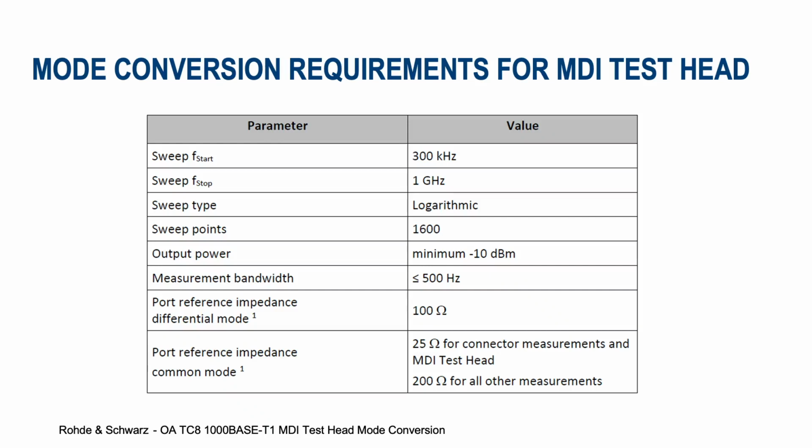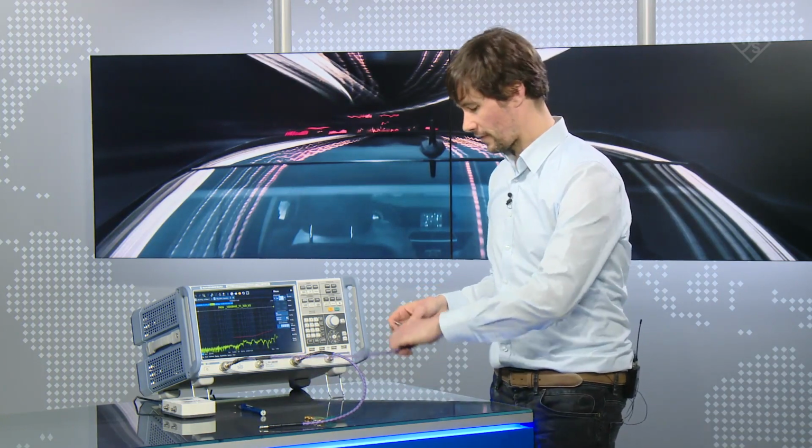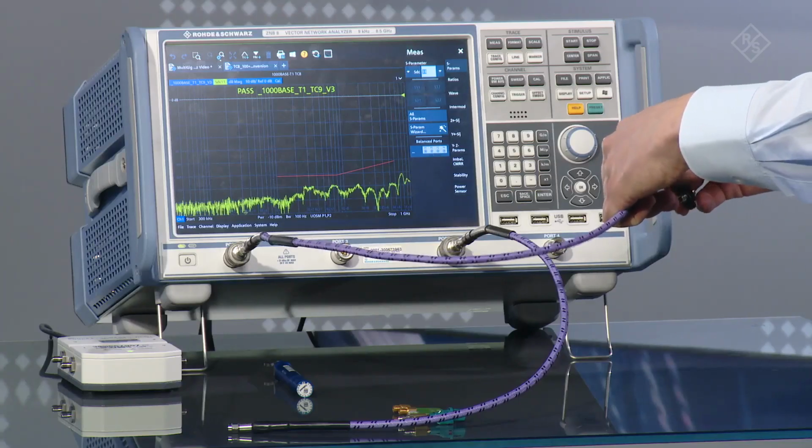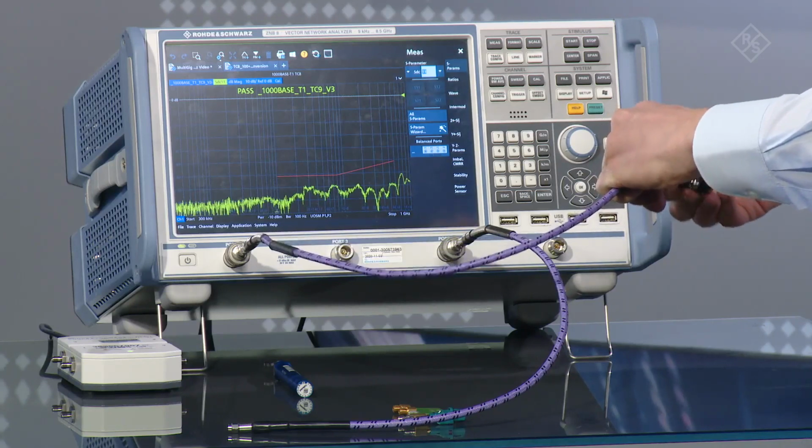Okay, so what is the very first thing that we need to do before making those measurements? So here with the mode conversion measurements, it's very important to have a very precise calibration. So we start here with calibrating the instrument with a manual calibration kit. So I now need to go through all the measurements done for a manual calibration.